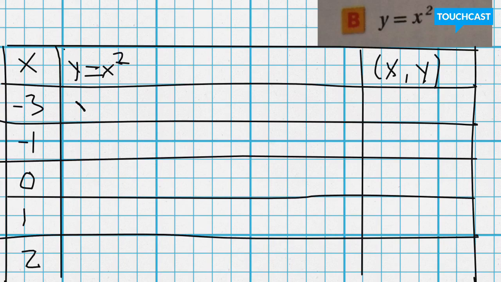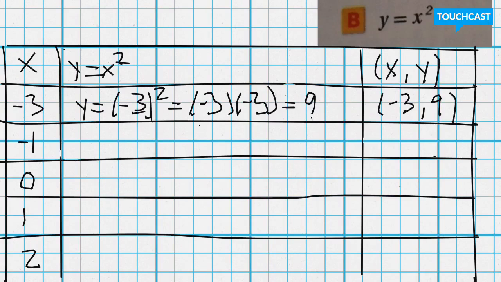So y is going to equal (-3) to the second power, which is equal to -3 times -3. And -3 times -3 is a positive 9. So our ordered pair is -3, 9.